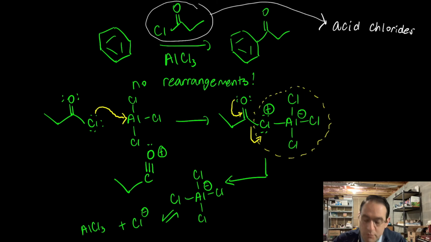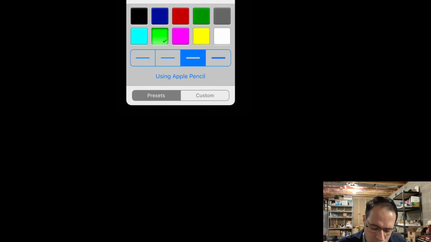So what we have at this point is this guy here, which is your electrophile. And they have a special name for that. That's called the acylium ion. It's not really a carbocation, but we can draw it as such. So the acylium ion, if we use some resonance arrows to show how it's stabilized.